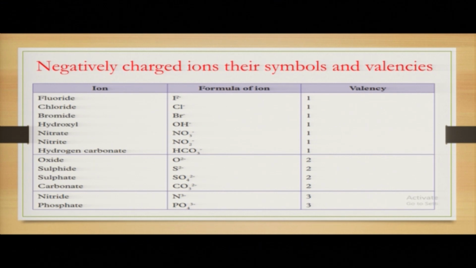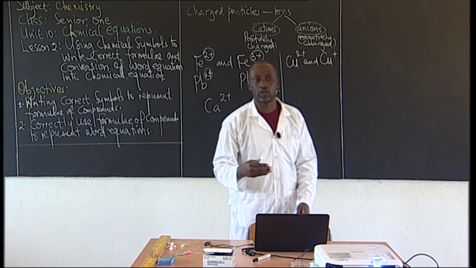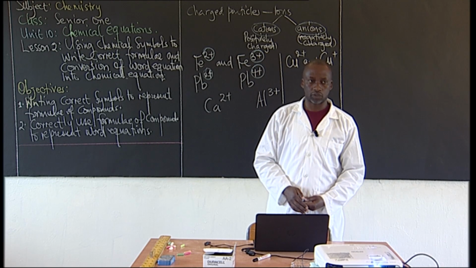So we have looked at the positively charged ions, which we said are called cations. Now we are looking at the anions, the negatively charged ions with their symbols.